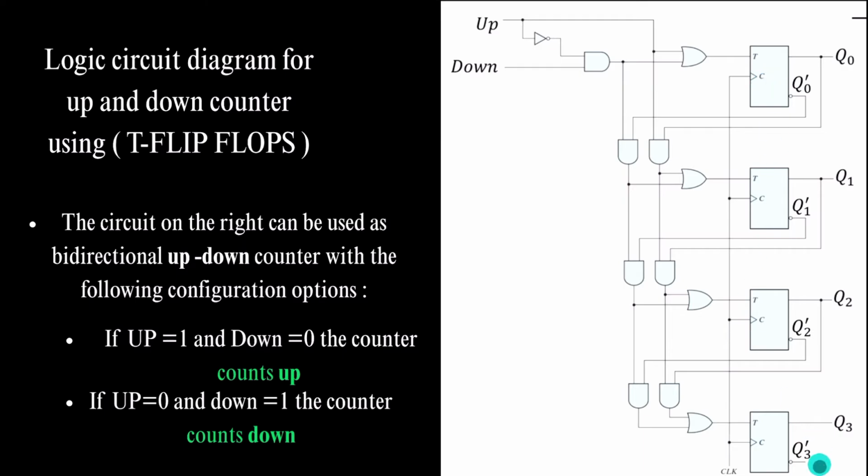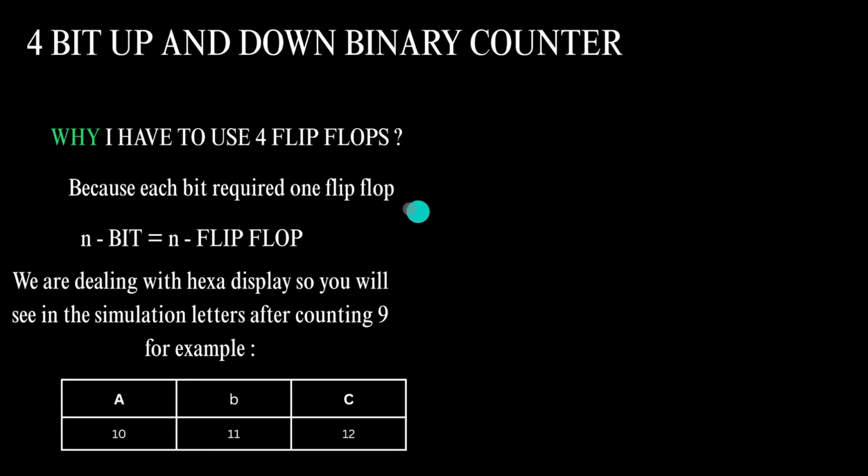We've got four flip-flops, where each flip-flop equals 1 bit, so we've got a 4-bit up and down binary counter.